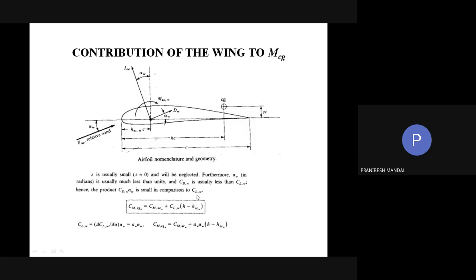But the last term, which indicates the position of the aerodynamic center, is also coming from the wind tunnel data. Think about it. This HACW denotes the position of the aerodynamic center, right? And that also comes from the wind tunnel data. Sir, so that means three data? Yes.